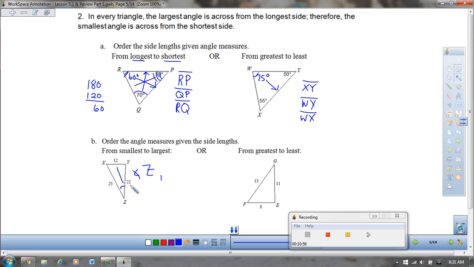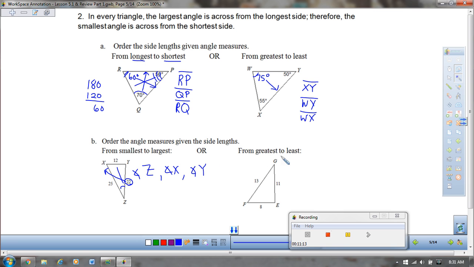My medium-sized angle is angle X because 22 is the number in the medium range, and X is across from it. And then my largest angle is angle Y because angle Y is across from the longest side, which is 25. So if I order these from smallest to largest, I have these three in this order.